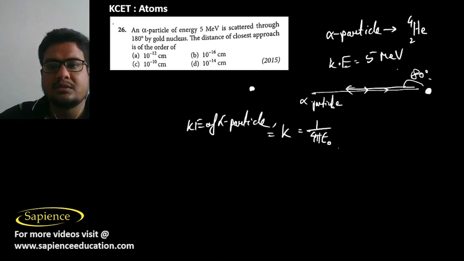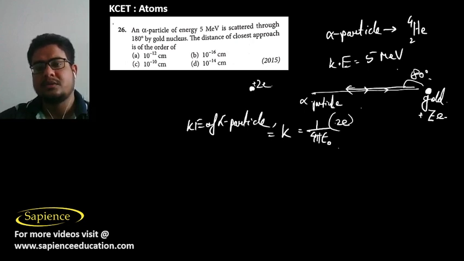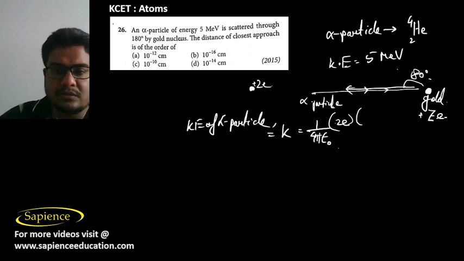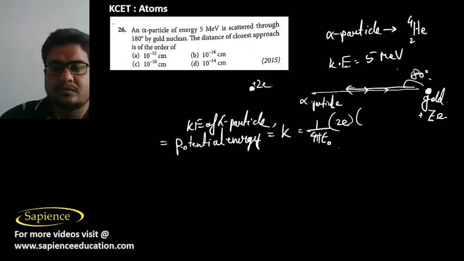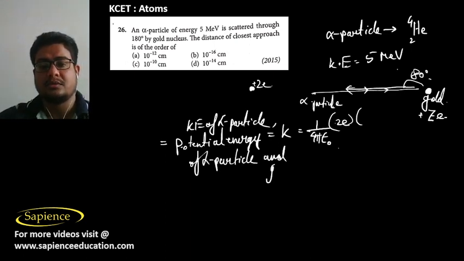Here we have the gold nucleus, so its atomic number is suppose Z, so its charge is plus Ze. The charge of the alpha particle is plus 2e. So the kinetic energy of the alpha particle is equal to the potential energy of the alpha particle and the gold nucleus.